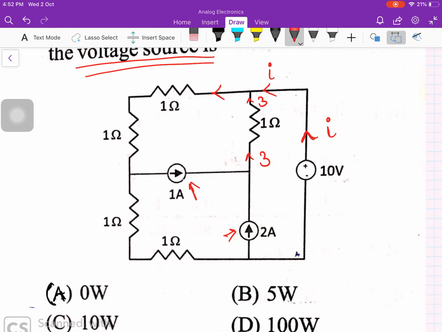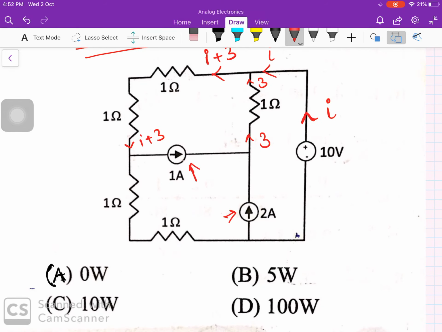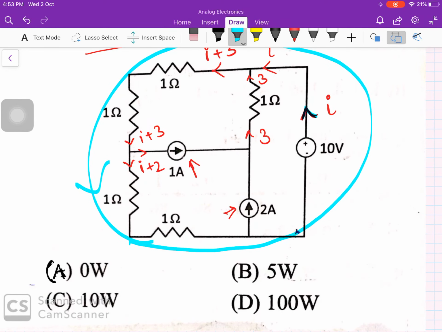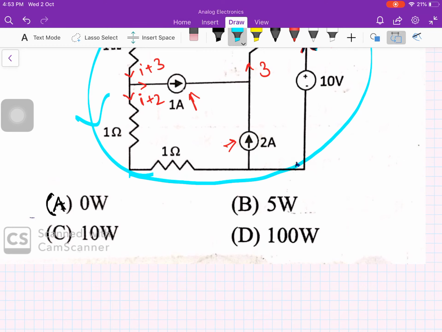So now here the current will be I plus 3, and when I plus 3 comes again here, since 1 amp goes, here we'll get I plus 2. Now we just need to find this current here. If you remember your mesh analysis, we got a mesh here like this, so we can find the current in this mesh, this I, by using KVL.